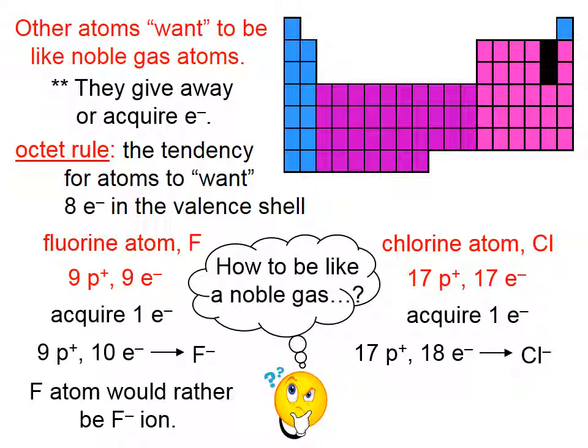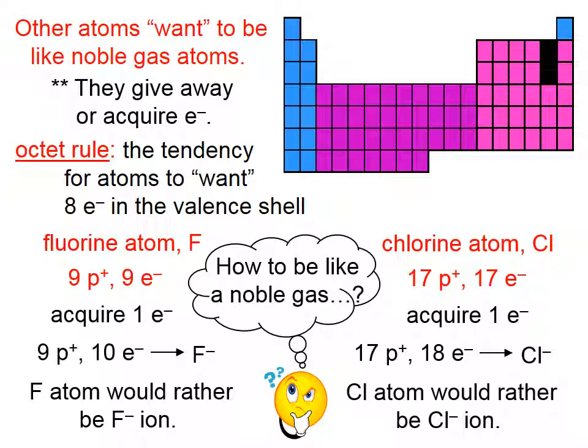If it does acquire 1 electron, it will have the formula Cl-. So, just like fluorine, chlorine would actually rather gain 1 electron, and it would rather be a chloride ion than a chlorine atom, just like a fluorine atom would actually rather be a fluoride ion.